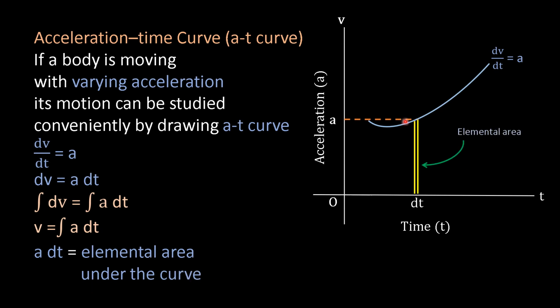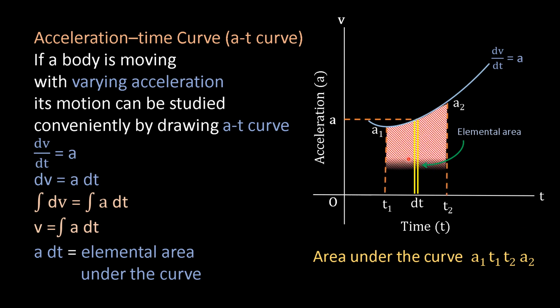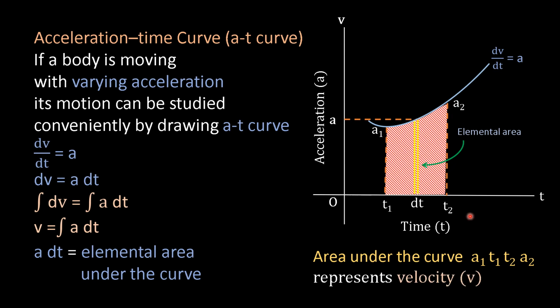So this is the elemental area under the curve. Area under the curve A1, T1, T2, A2 gives us the velocity v from time T1 to T2.